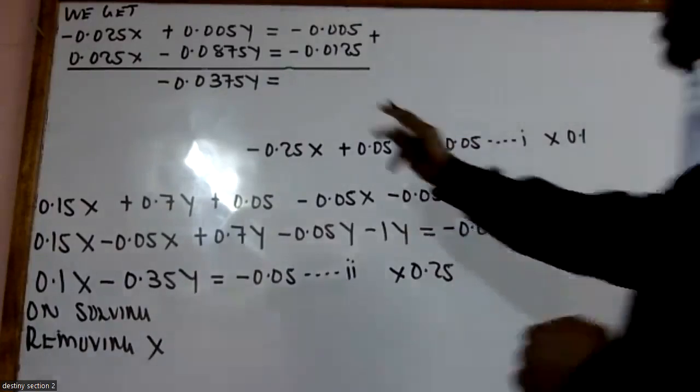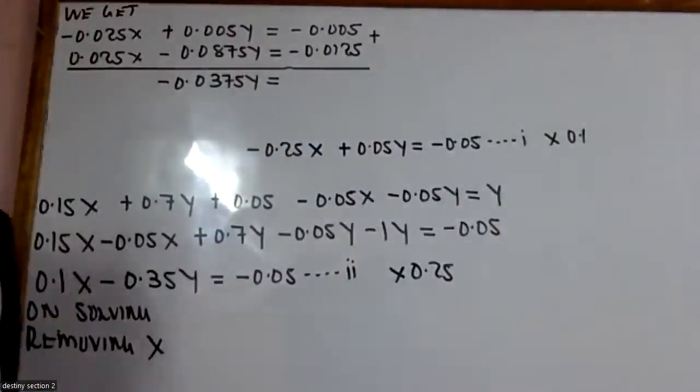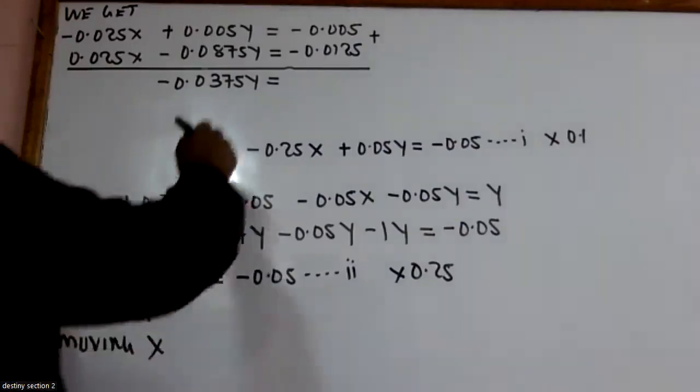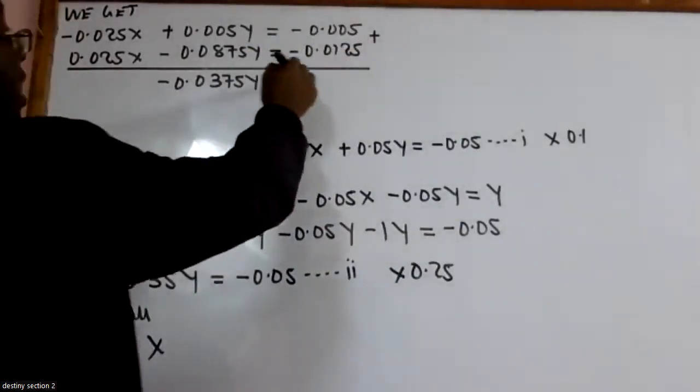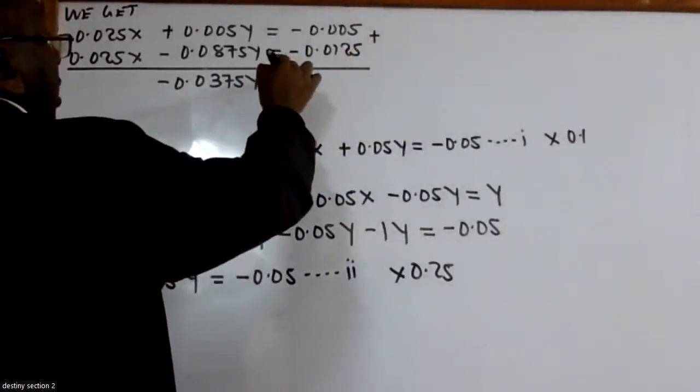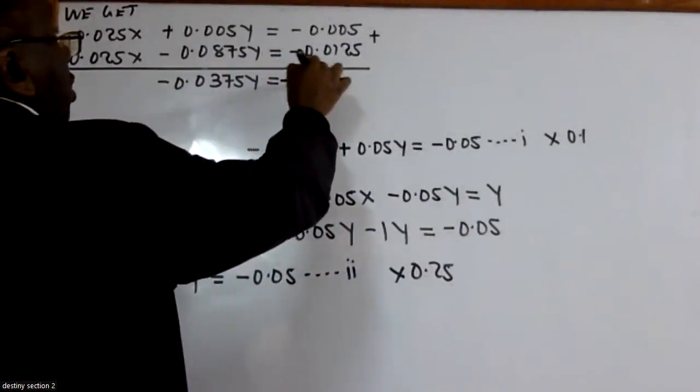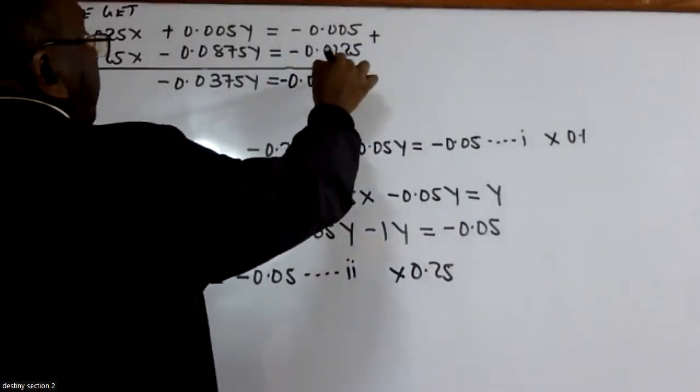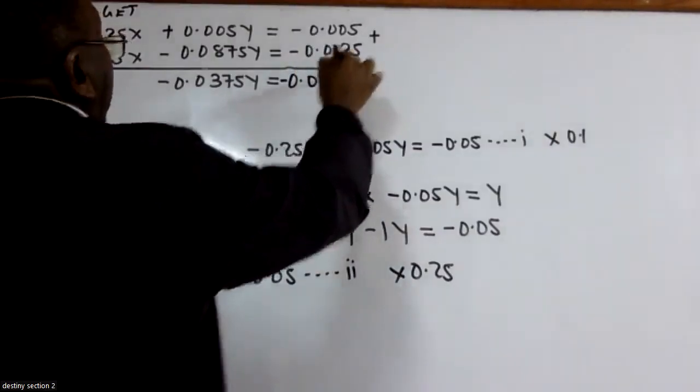Is it true? Tell me now, this other one. When you say minus, you get negative 0.0375.